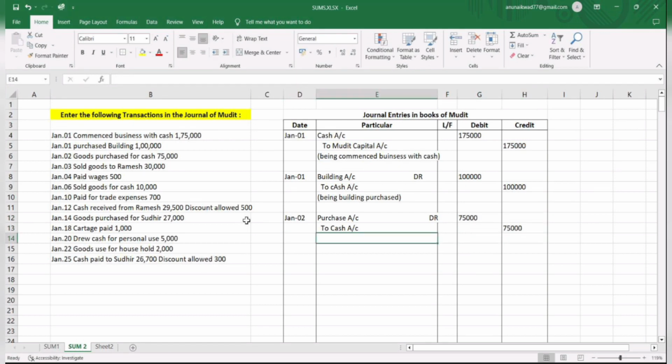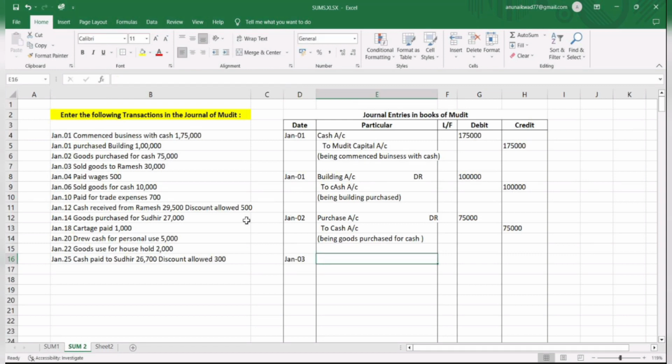Credit and debit entry being goods purchased for cash.